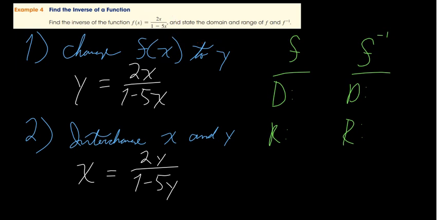Of course, you can always do 1 minus 5x equal to 0. You add 5x to both sides, so you get 1 is equal to 5x, and then divide both sides by 5, and you get 1/5 is equal to x. So that's how you know that 1/5 is not in the domain.